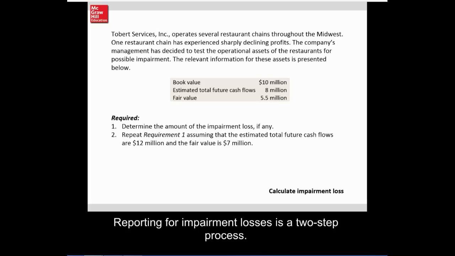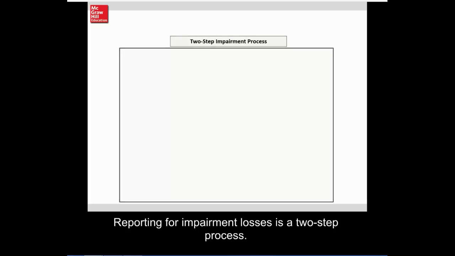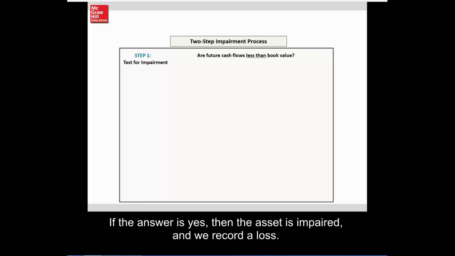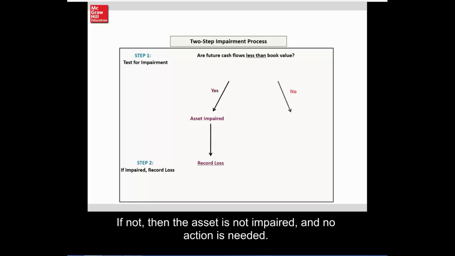Reporting for impairment losses is a two-step process. The first step is the test of impairment to check if estimated future cash flows from the asset are below the book value. If the answer is yes, then the asset is impaired and we record a loss. If not, then the asset is not impaired and no action is needed.